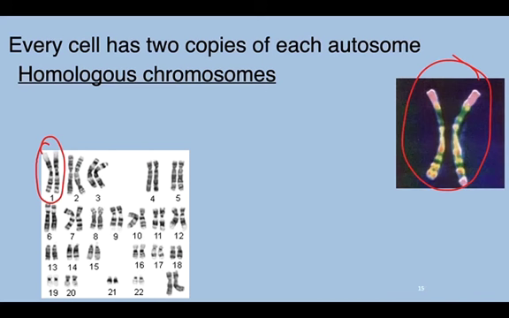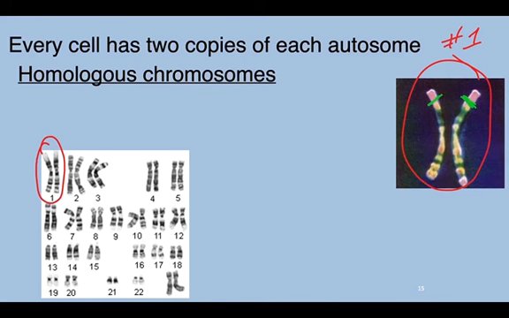What I mean by that is, let's say this is chromosome number 1. And on chromosome number 1, you find the gene for, let's say, whether you're right or left-handed. That gene is going to be in the same location on each of these homologs or homologous chromosomes. Now, let's say mom is left-handed, dad is right-handed.